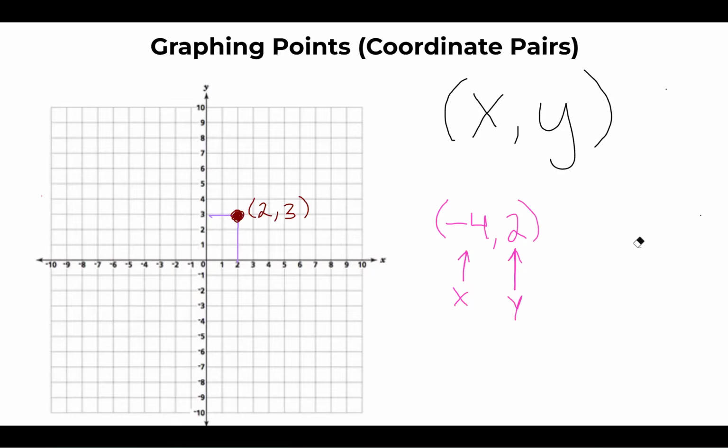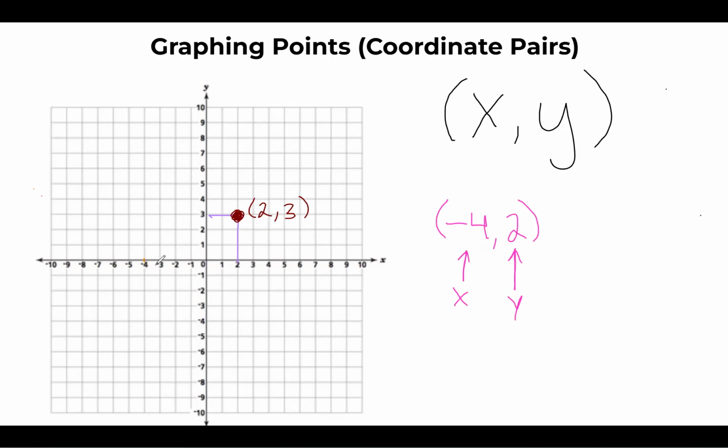To start, we are going to locate the X on the X axis. So I will scan left and right until I find negative 4. Negatives will be to the left. I have found my negative 4. And then I need to follow up or down until I reach my Y value. Well, positives for the Y will be going up.